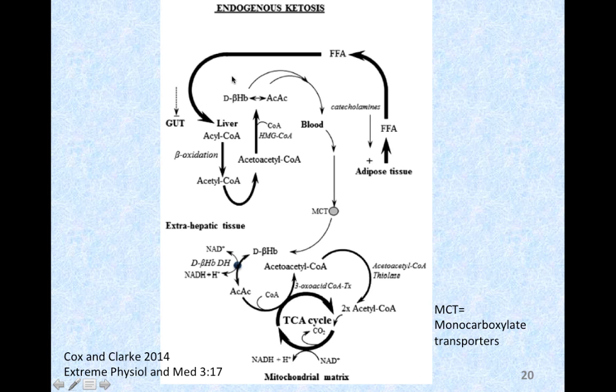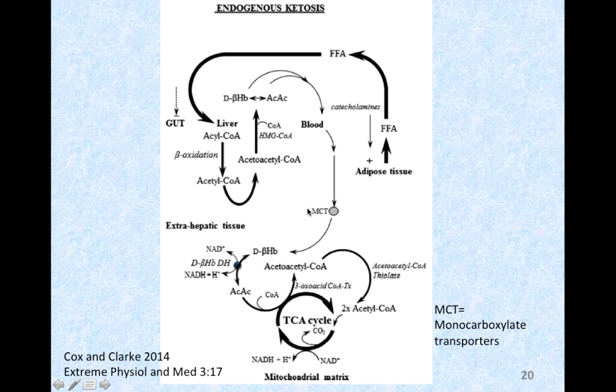Those fatty acids become activated, go through beta oxidation, generate acetyl-CoA, then acetoacetyl-CoA. Remember, they're not able to enter into Krebs cycle readily. Then HMG-CoA. Then they become beta-hydroxybutyrate, acetoacetate, which leave the liver, go into the blood.